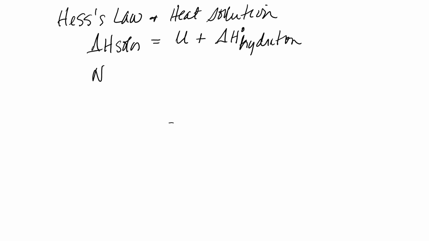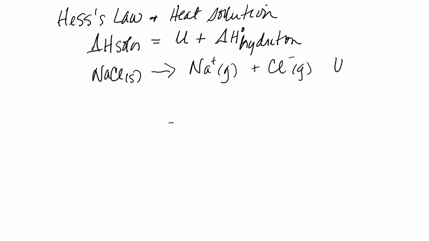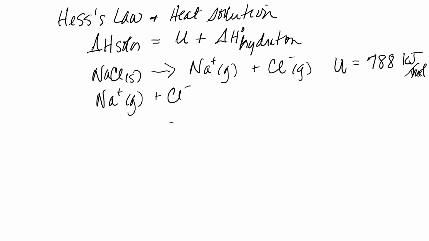So we have sodium chloride solid, and that is in step 1. Those become gaseous ions. And our lattice energy, 788 kilojoules, and this is per mole. And then those gaseous ions will be hydrated.